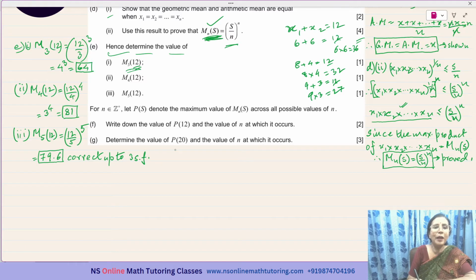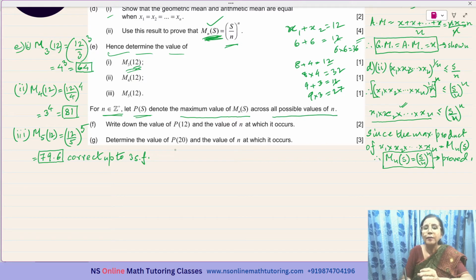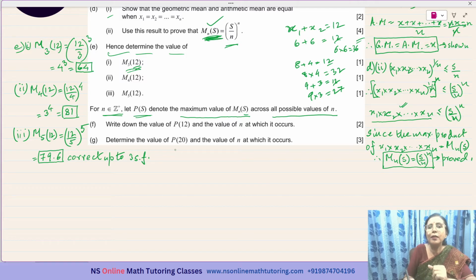Now, for n belonging to the set of positive integers, let P of S denote the maximum value of Mn of S across all positive values of n. What does it mean? It means that the sum total is S. Let us take the sum total as 12.